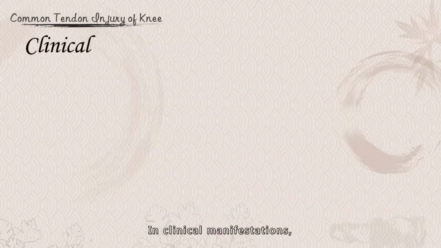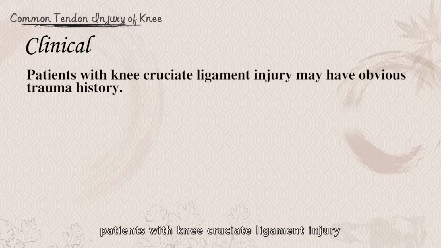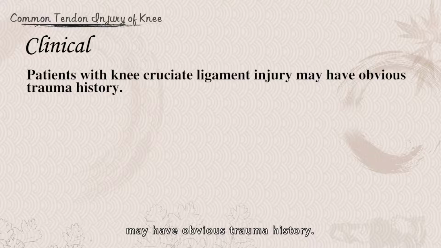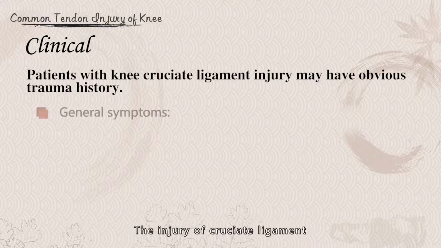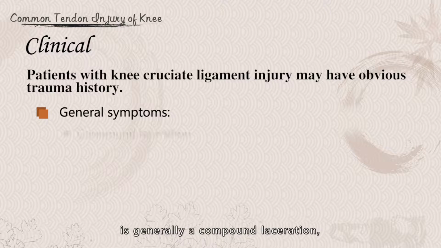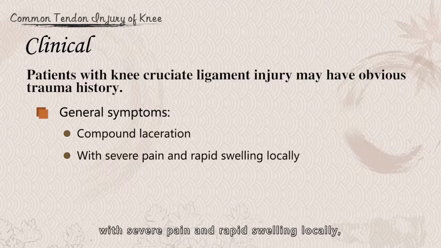In clinical manifestations, patients with knee cruciate ligament injury may have an obvious trauma history. The injury of the cruciate ligament is generally a compound laceration, with severe pain and rapid local swelling.